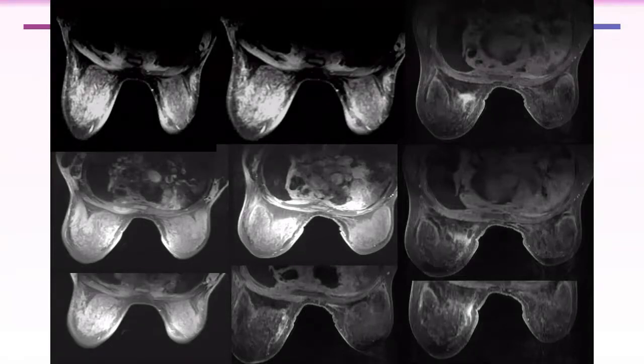Especially this one, non-mass-like enhancement. This is segmental non-mass-like enhancement, heterogeneous, corresponding to this patchy hypoechoic lesion seen on ultrasound. And the breasts are diffusely enlarged and edematous.